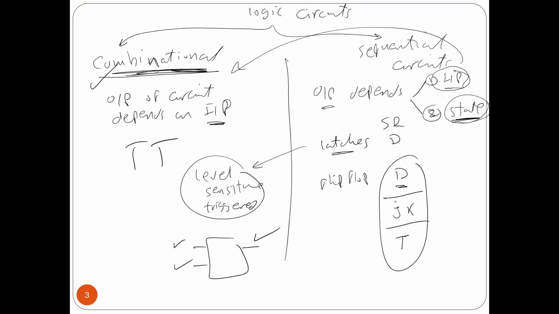But in a flip-flop, once you change the input, the output is not going to change immediately, but at the first edge. That's why we don't call it level sensitive or level triggered; we call it edge triggered.